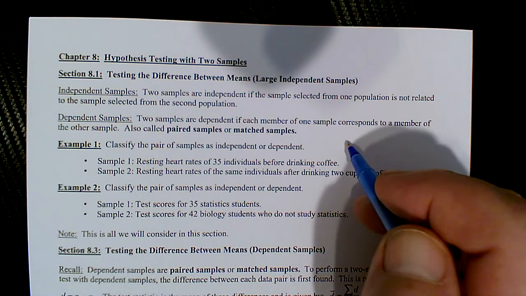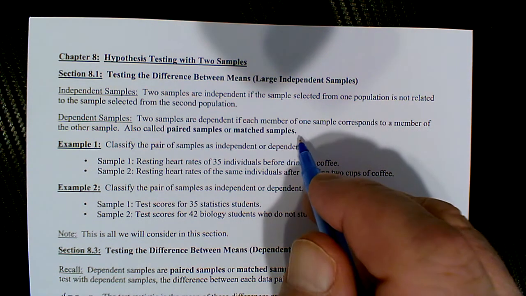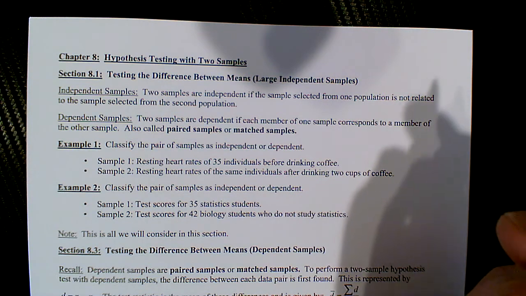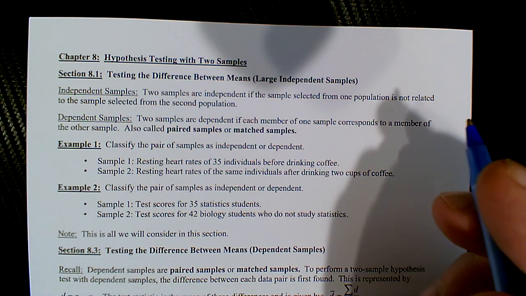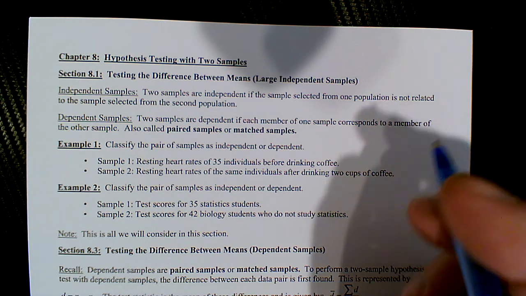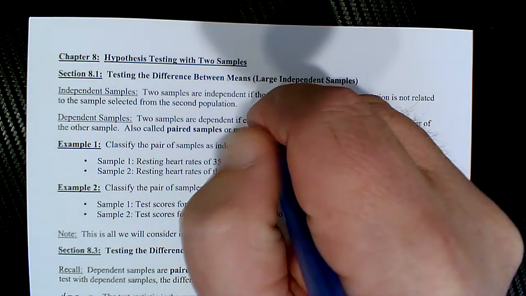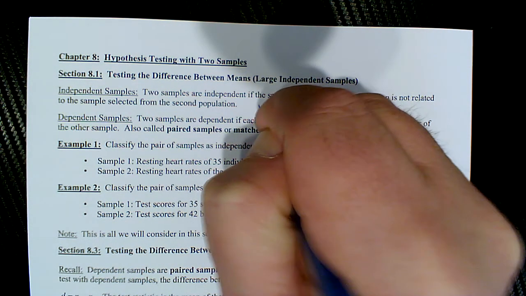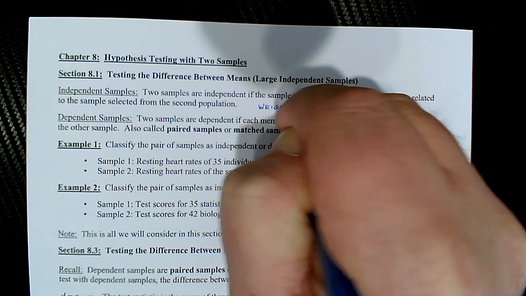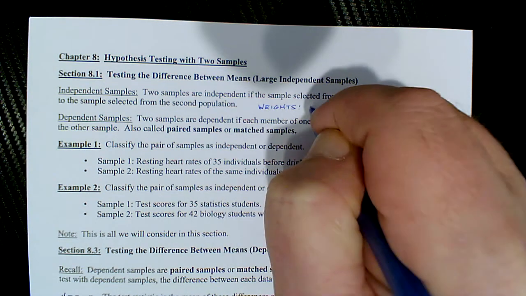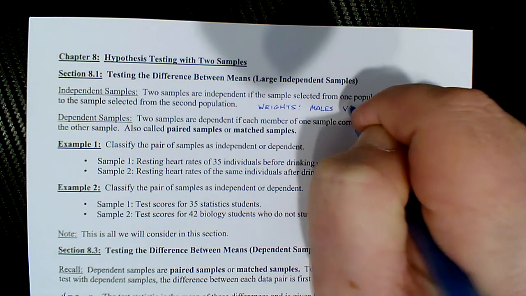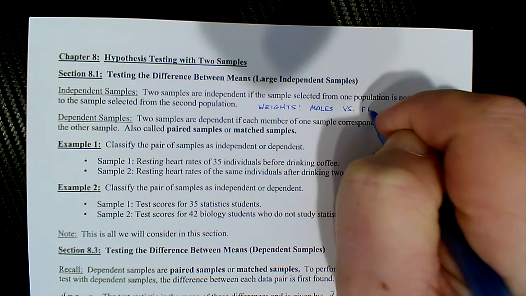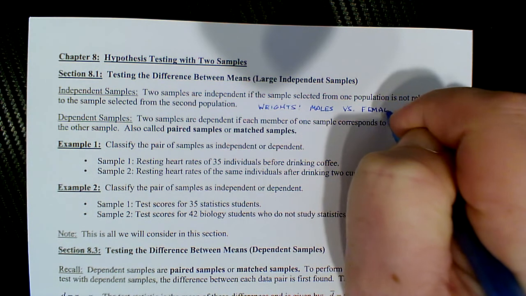And you could read the formal definitions, but dependent is what we're concerned with, and that's when we have paired samples or matched samples. An example of independent might be the weights of two different groups of people, let's say males versus females. So they're two different groups, so they're independent.